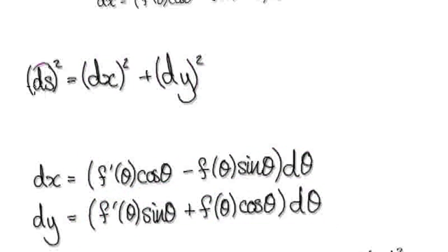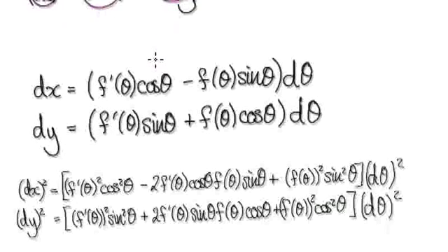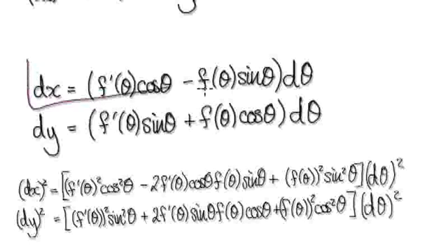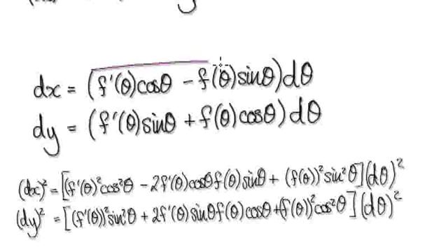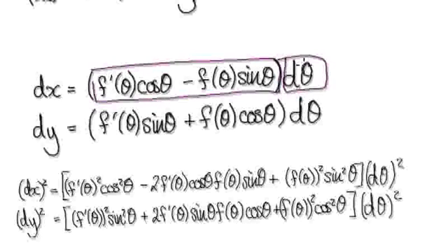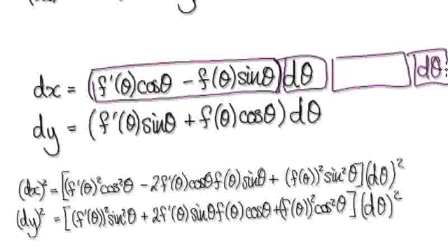So we want to know ds here. Let's square this and let's square this. So squaring this, imagine this as being one block and this as being another block. When you square this, you're multiplying it by itself. So d theta times d theta gives you d theta squared.